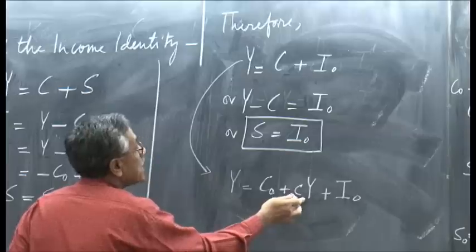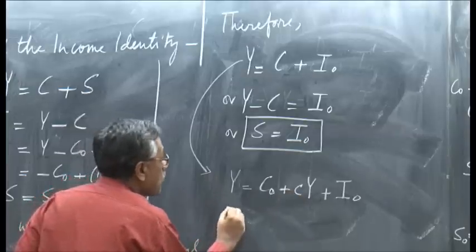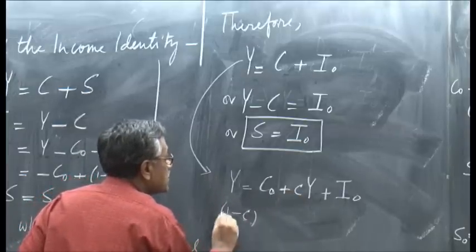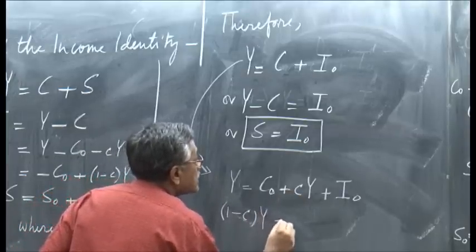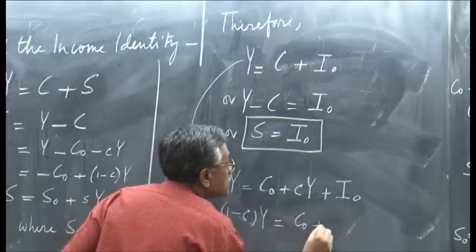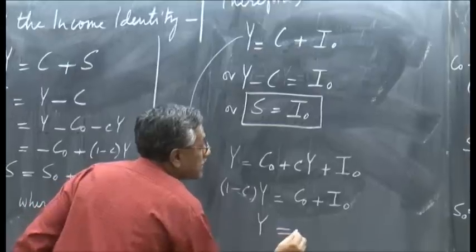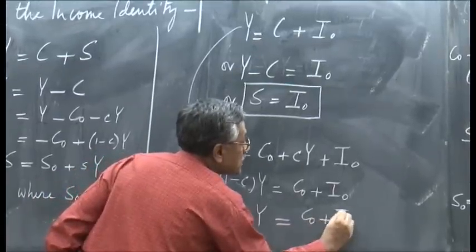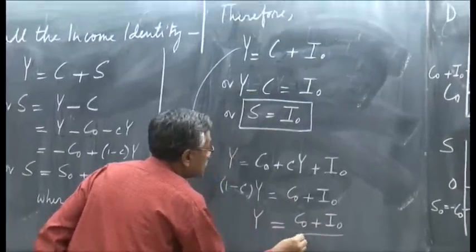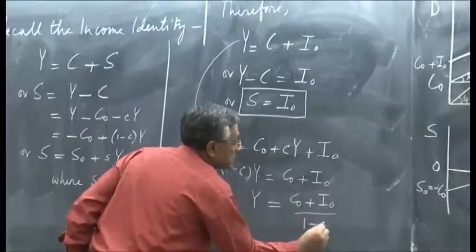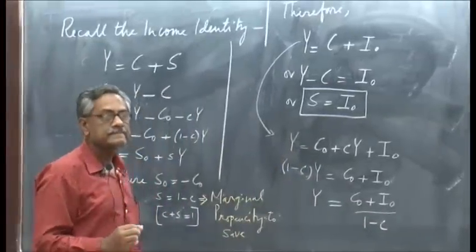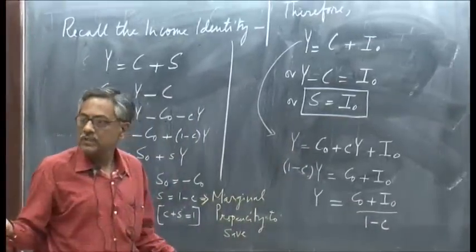If I take cy to the left-hand side, you have 1 minus small c times y equals C naught plus I naught. Or you can solve for y as C naught plus I naught over 1 minus small c. Clear?